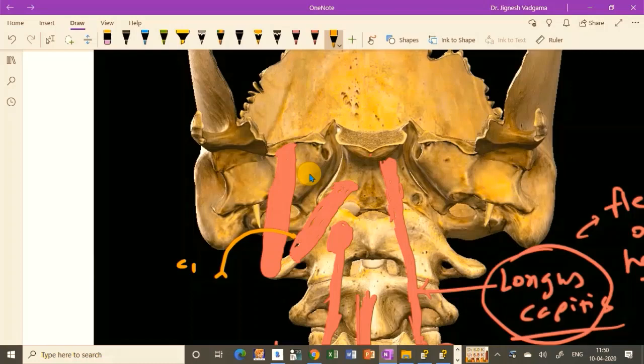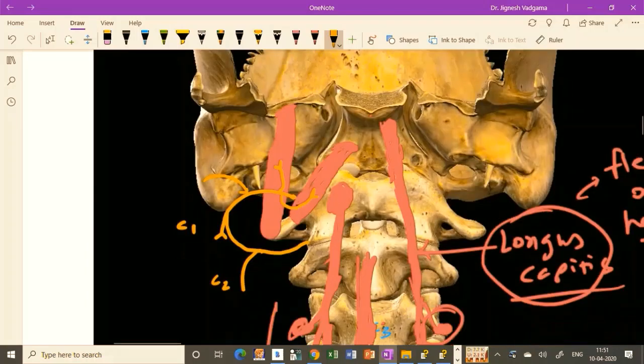Just below it, the C2 nerve will also be coming out, and the connection between C1 and C2 is a loop-forming connection, and that loop is going to supply both muscles. So the loop between C1 and C2 supplies the rectus capitis lateralis and rectus capitis anterior. This is the loop we are talking about.